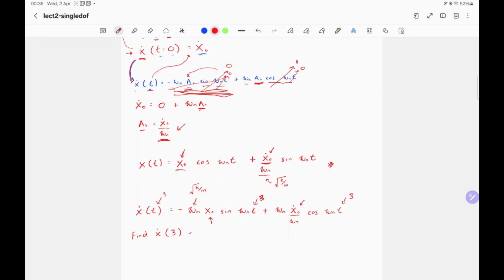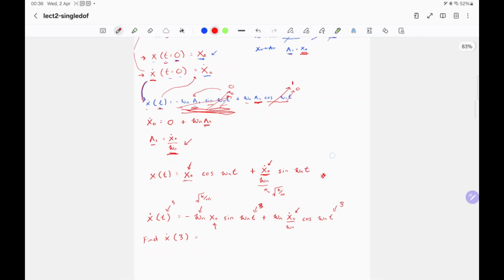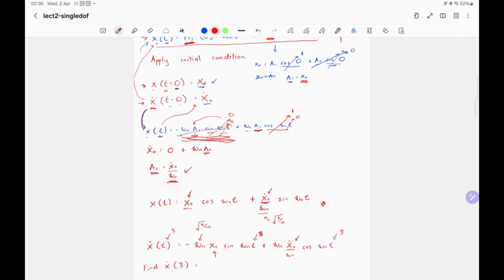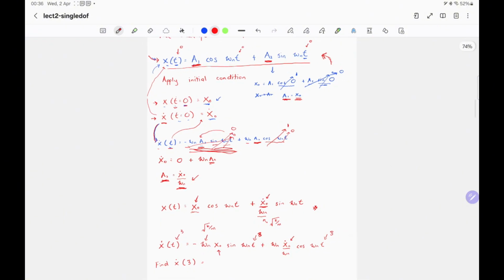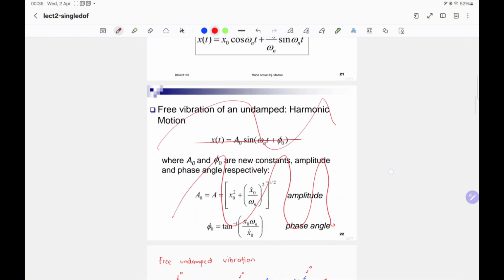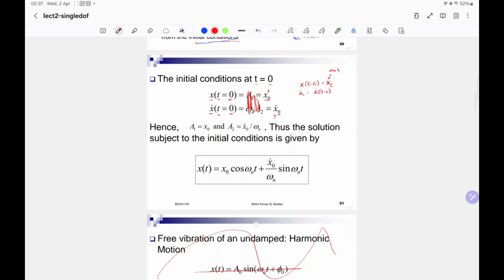So what I want you to do is try on your own how to determine A1 and A2 by using the initial condition. Similar to this, x(t) is equal to x naught, which is A1, cos omega n t, plus x dot naught over omega n, which is the A2.